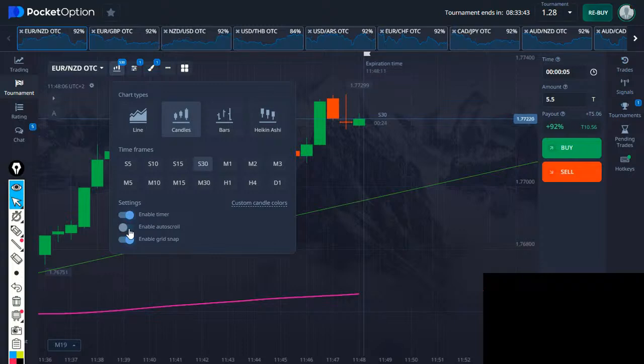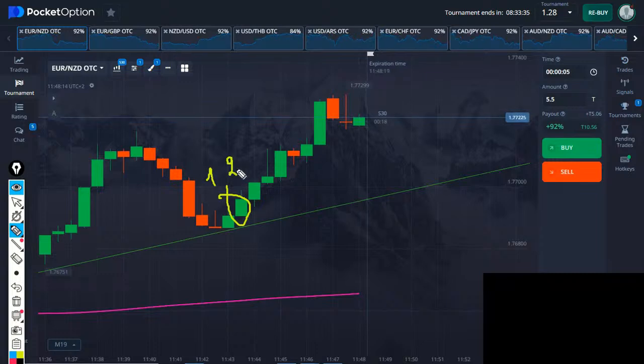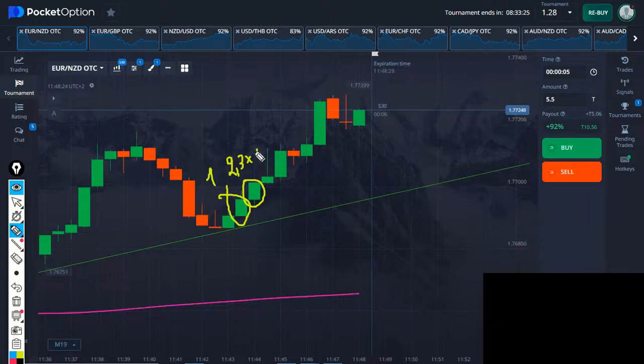So I took a buy here for $1. It was a loss. So I should have taken here $2.3 also for a buy. However, I took this amount times 2. By mistake, I clicked buy twice.